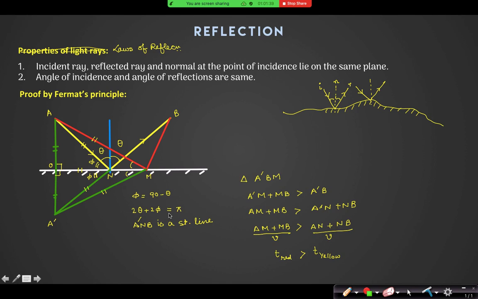Yes. Right? So that is why you can say I have taken this arbitrary point. So out of all the infinite number of arbitrary points, only this is the possible case where the light ray can travel in minimum time. Right? So that is nothing but Fermat's principle.